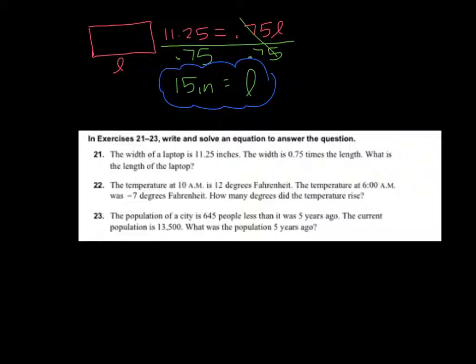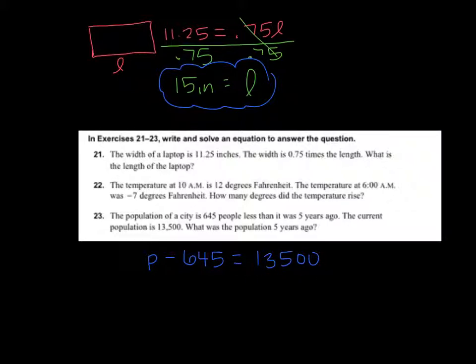So if I call that P, I know that I need to subtract 645 from it, and that it should give me the population today, which is 13,500. Okay, so if it's 645 less than the population 5 years ago, that's where I got P minus 645, then it should equal the current population.